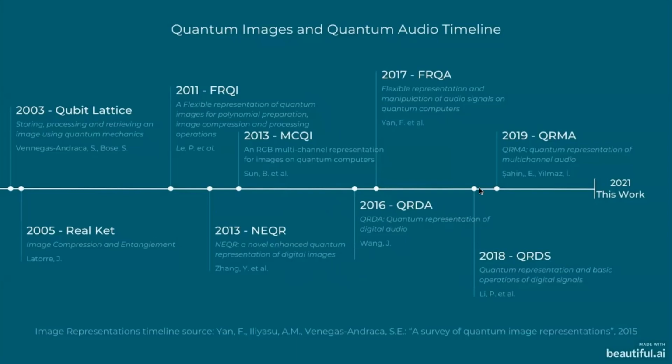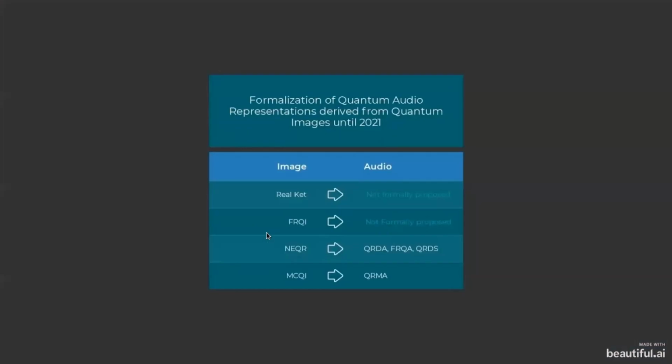People already started to explore quantum audio using the Necker image representation, which is very good. But I felt like we should maybe fill in this gap and just have everything together. Maybe we can explore these representations in an artistic way. Of course, there are a lot of possibilities for all kinds of representations. They all have advantages and disadvantages.